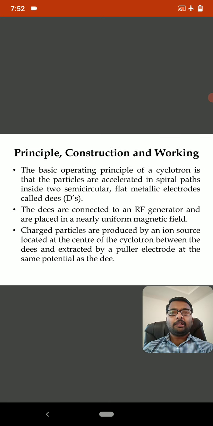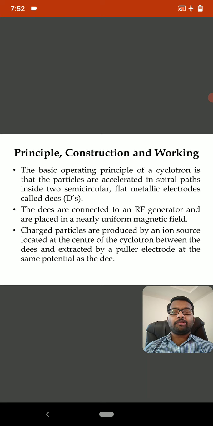The basic operating principle of a cyclotron is that the particles are accelerated in spiral paths inside two semicircular flat metallic electrodes called Ds. So why have they been called Ds?